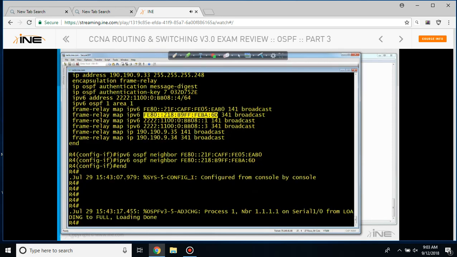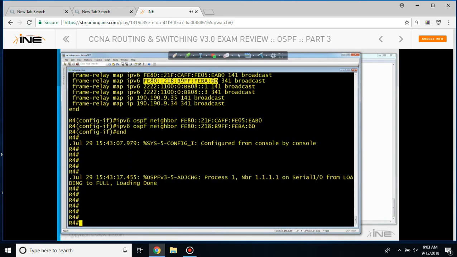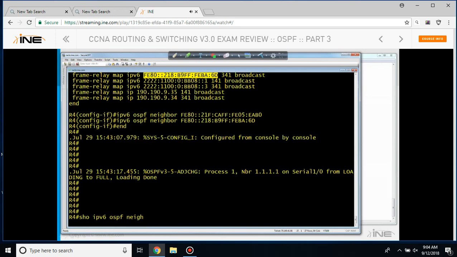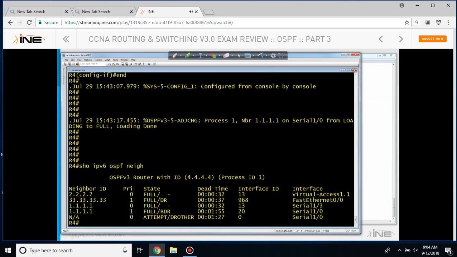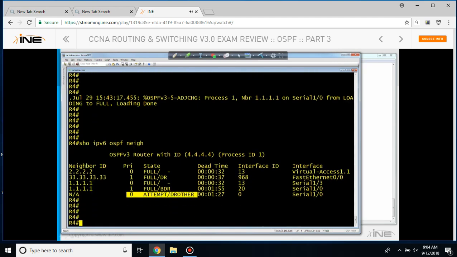And sure enough, it's good enough for OSPF version 3 as well, at least on one of them. We formed a neighbor with router 1. Still waiting to hear back from router 3. Still in the attempt state. Sometimes these things take a while.